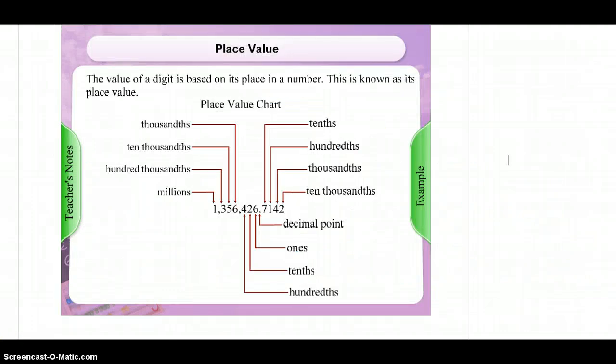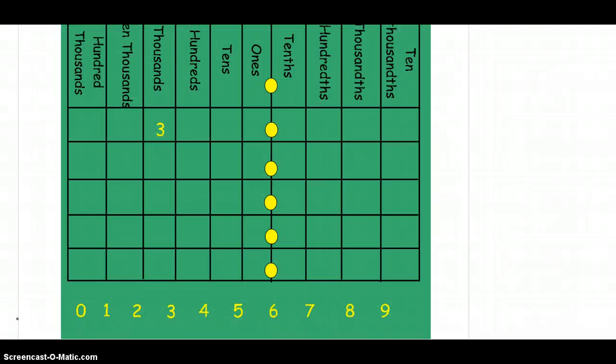This is a review of place value. You can see it goes all the way out to the millions on the whole number side, and over on the decimal side, it goes all the way out to the 10,000. I am going to say a number. See if you can write the number in the chart appropriately. I will say it twice.